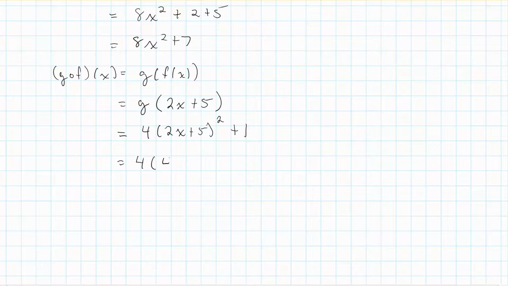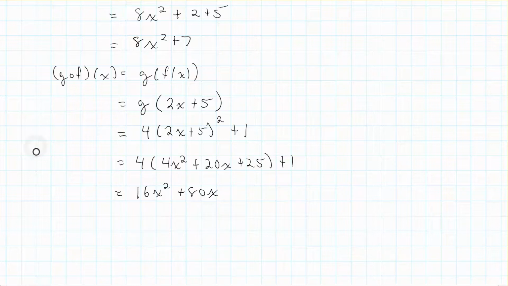Multiplying this out, we get 4x squared plus 20x plus 25 plus 1. Again, simplifying this out, 16x squared plus 80x plus 100 plus 1, which finally simplifies to 16x squared plus 80x plus 101.